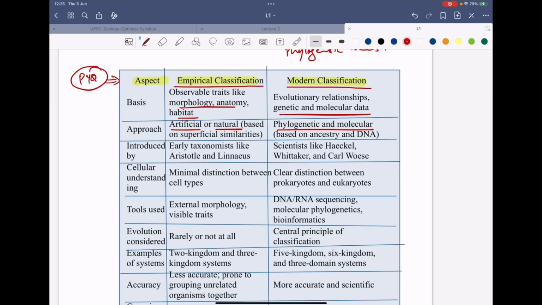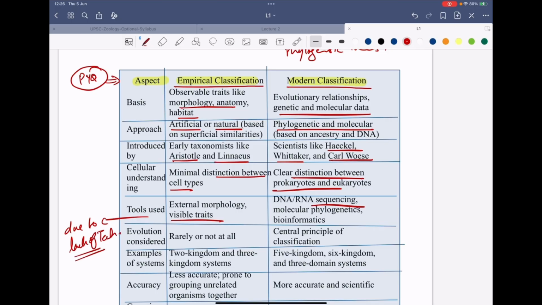The old one contained scientists like Aristotle, Linnaeus, but the new one had Haeckel, Whittaker, Carl Woese. There was very minimal distinction between the cell types, but now we have clear distinction between the cell types, whether prokaryotes or eukaryotes. Earlier the tools were only based on visible traits because the technology was not much advanced.